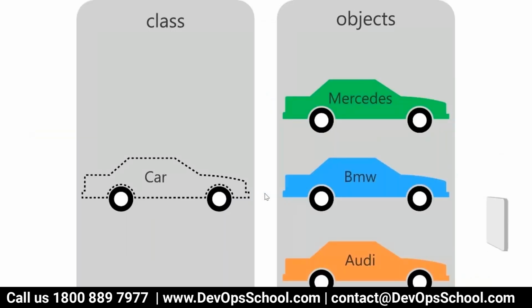Here you have a class which is a car, and from that car you can create multiple objects with different types of properties. Let's say you are also human, I'm also human, but I have different looks, different properties. You have different looks and different properties. You can do something different with different capabilities, and I can do something with different capabilities, like that. So there's a class car and objects Mercedes, BMW, Audi and so on.